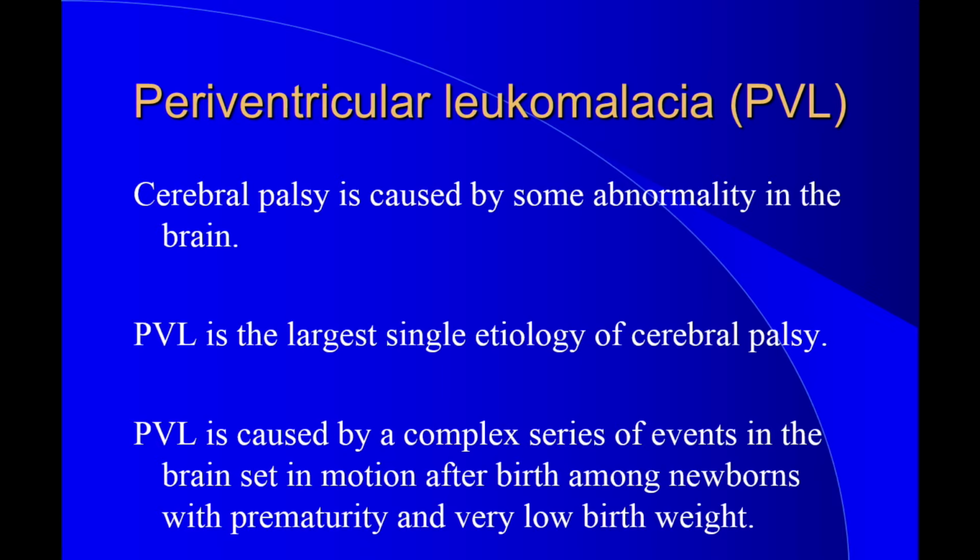So certain pieces of the brain can fall under a cascade of unfortunate events that can cause substantial brain damage. So it's strongly associated with prematurity and low birth weight because the brain isn't ready to thrive outside of the womb at that time.